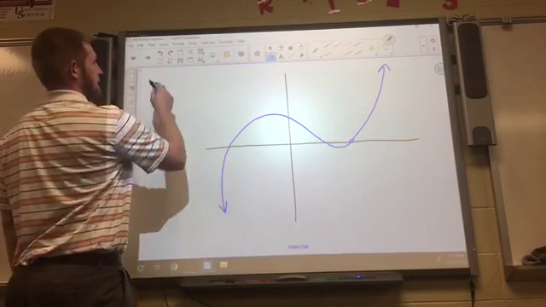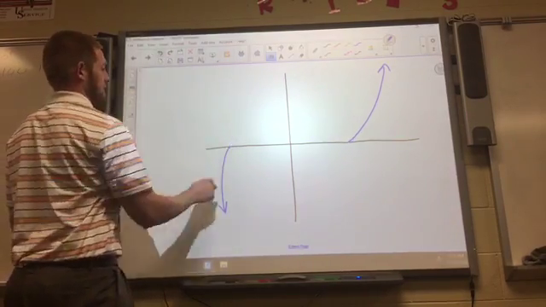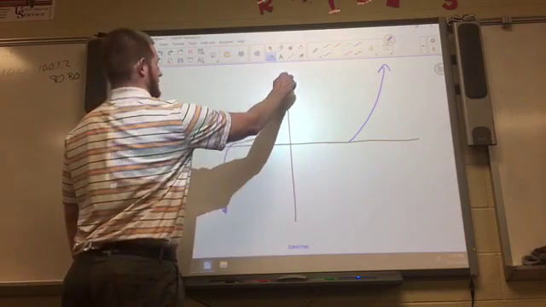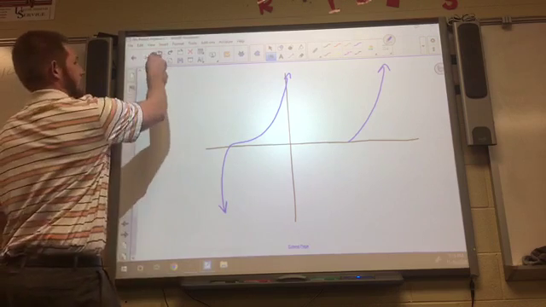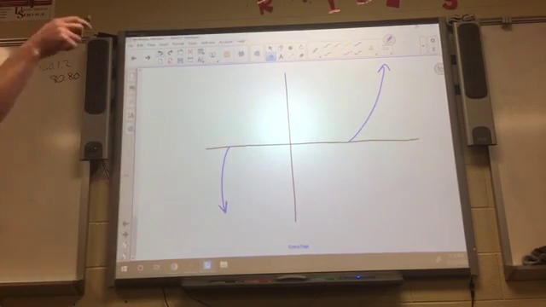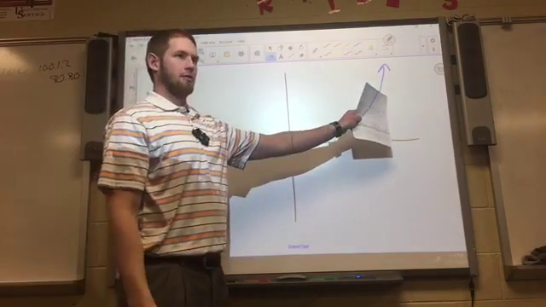If it were a cubic function, it'd look like this. As I go up in degree, there are going to be other things that happen in the middle. I don't know what's happening in the middle, but I do know what happens on the far left and on the far right.